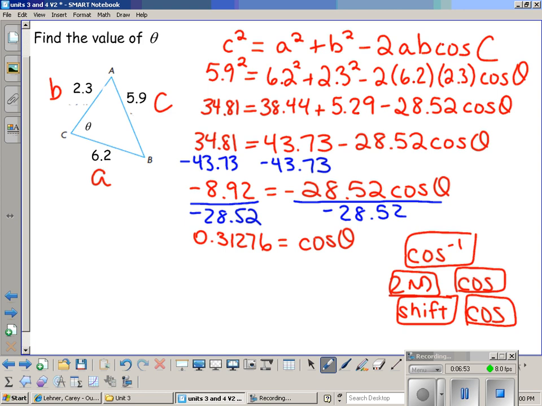Again, make sure you are in degree mode. So second function cos, 0.31276, and you get 71.77 equals theta. It doesn't tell us what to round this to, so we could leave it like this. You could write it as 71.8, or you could round it to 72 degrees, but it did not specify.